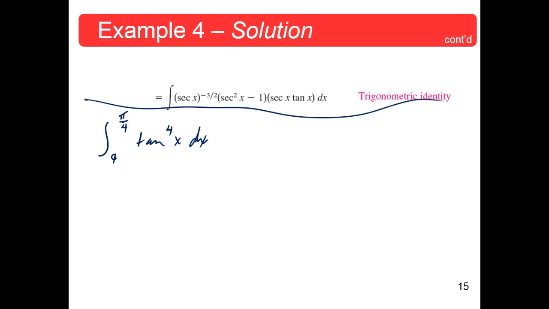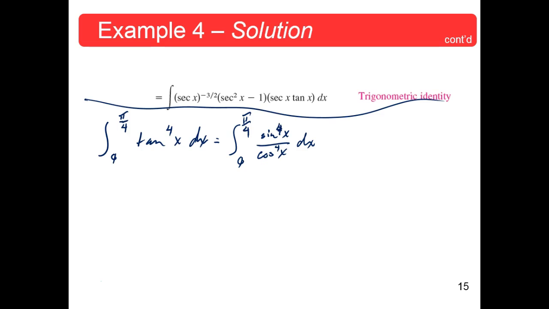So let's do what you suggested there, and let's do the integral from 0 to pi fourths, and write that as sine fourth x over cosine fourth x dx. Now, does that help us or make it worse?